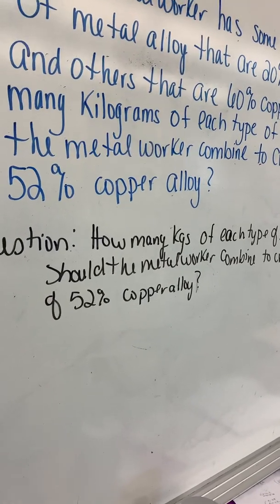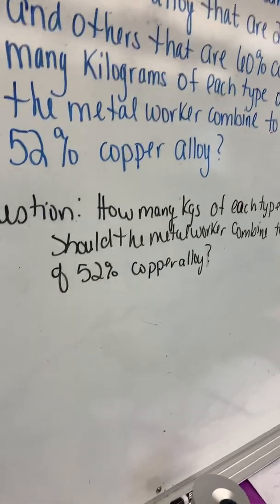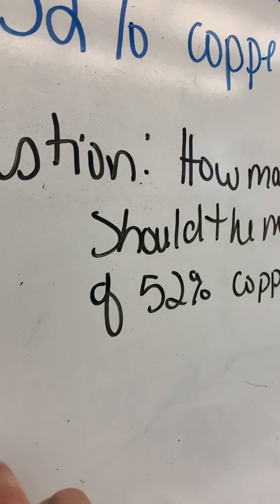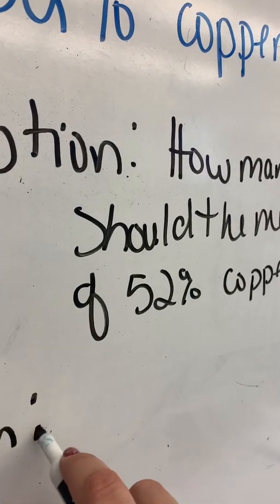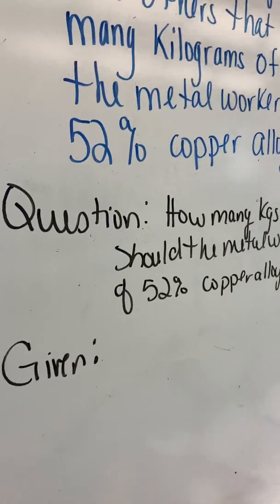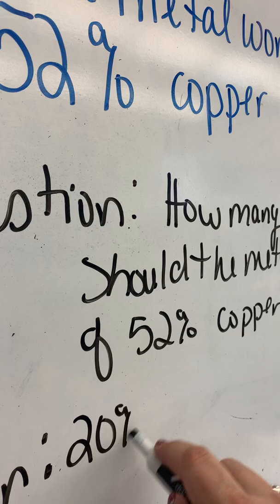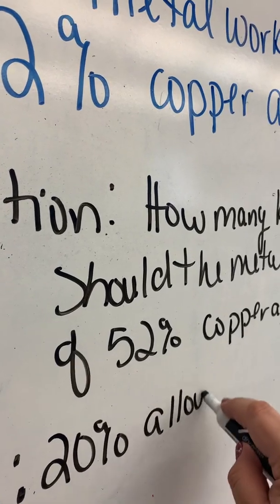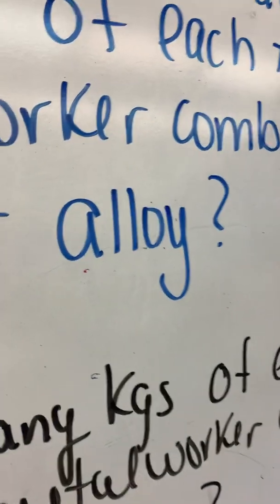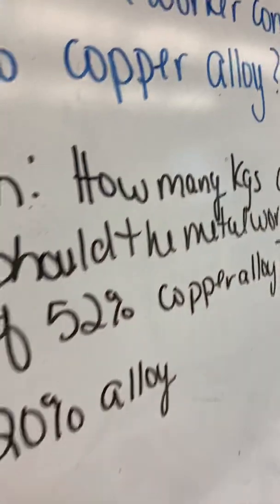Okay, so when you are writing your given information, so you have given, you know that you have a 20% alloy, right? 20%. We have a 60% alloy.